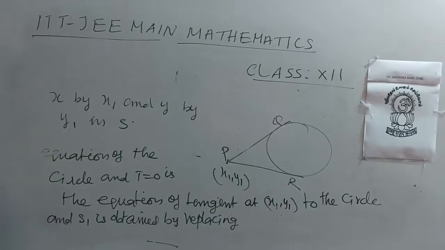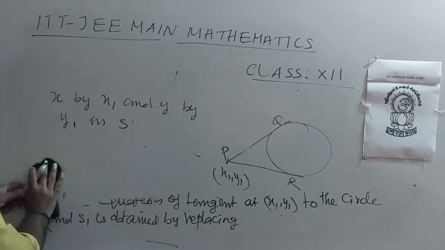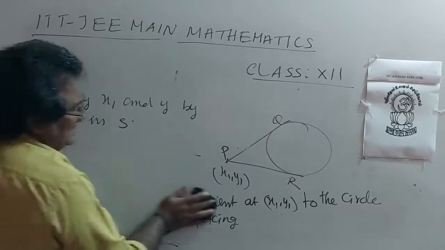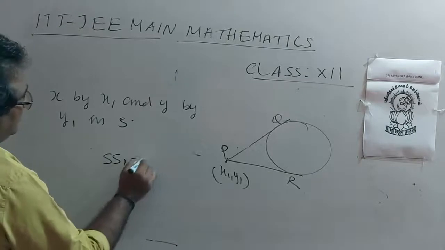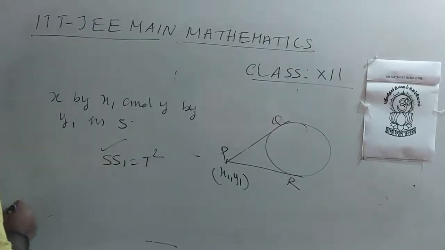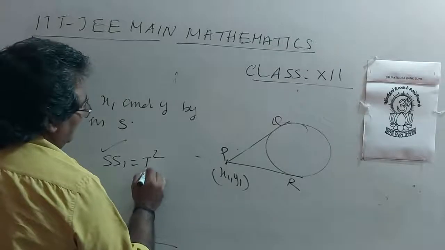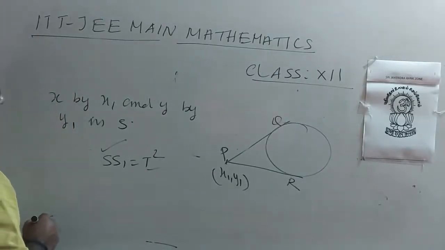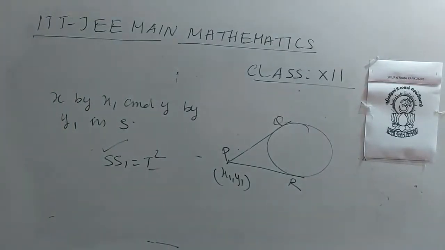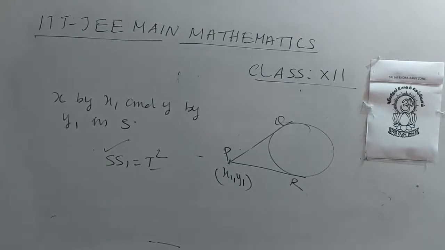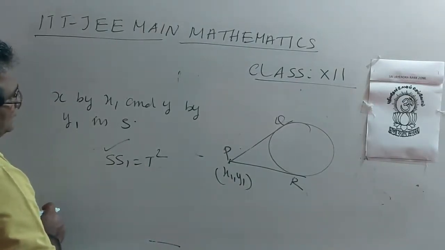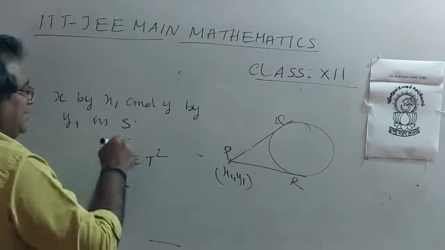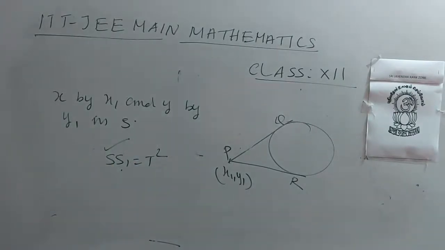Yes, so this pair of tangent concept is very important. So S S1 equal to T squared. S represents the equation of circle, T represents the equation of tangent at x1 comma y1, and S1 is obtained by replacing x by x1 and y by y1 in the circle S.